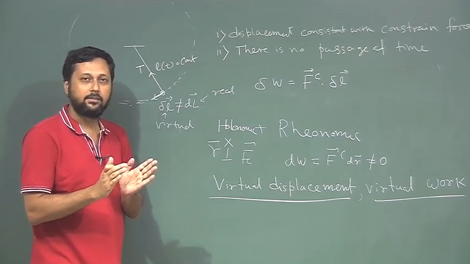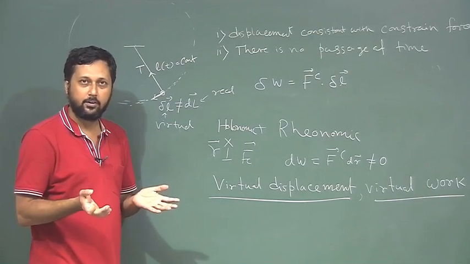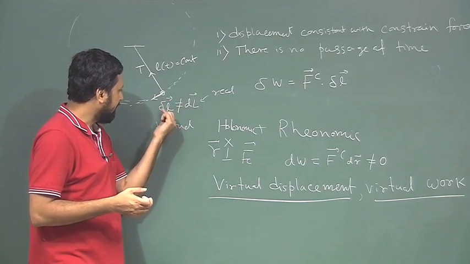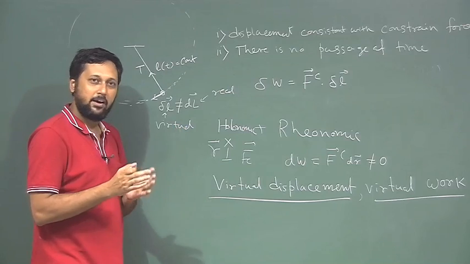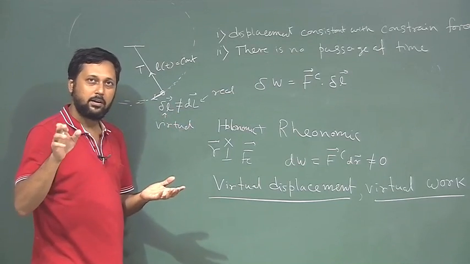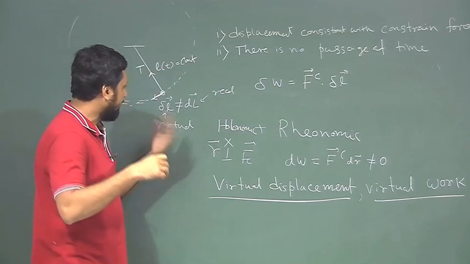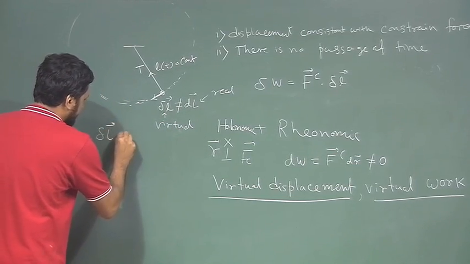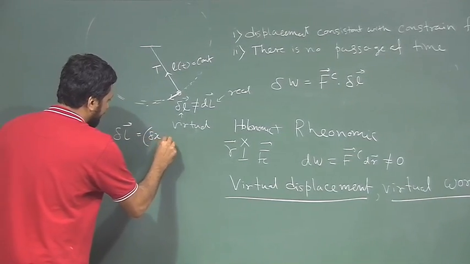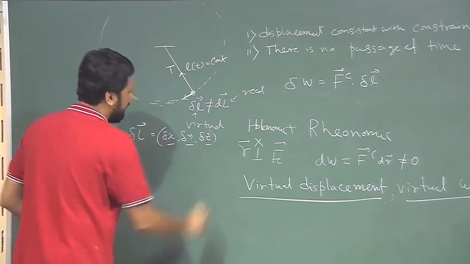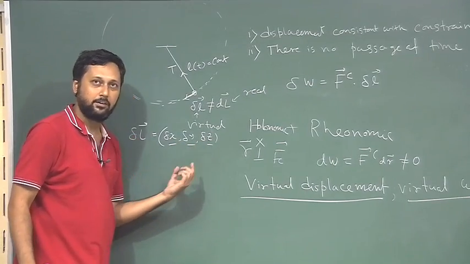Every vector in the 3D world has 3 components. So, if curly delta L is a vector, then it will have 3 components, x, y and z, each we can write with a curly symbol. What I mean is, delta L vector is essentially delta x, delta y, delta z, where these 3 are the virtual displacements in 3 different directions.